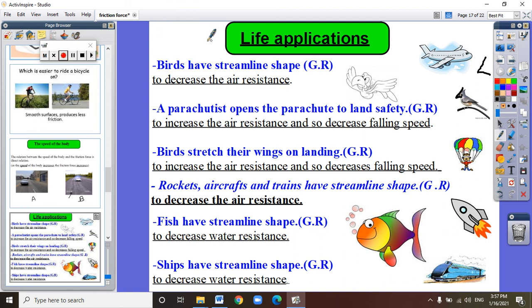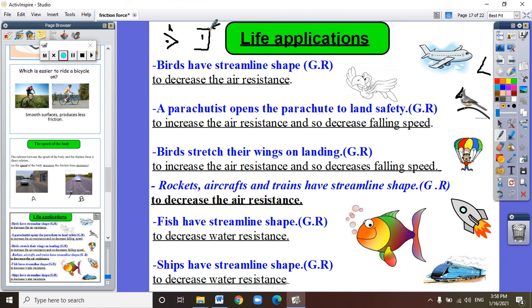If the head of the bird is like this, and I told you that's a streamlined shape, and that's another shape, so the surface area is bigger in the streamlined shape or in this shape?